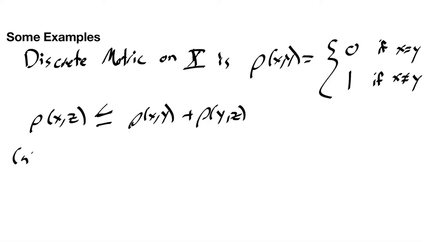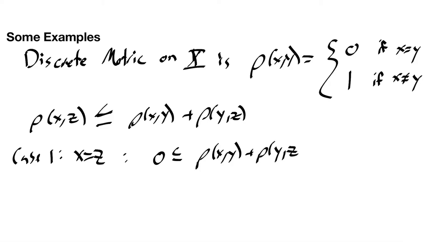Case 1 would be that x is equal to z. Then you just get 0 is less than or equal to rho of xy plus rho of yz. And that's obviously true. If y is equal to x and z, then 0 is less than or equal to 0 plus 0, and you're good. And if y is not equal, then 0 is less than 1 plus 1, which is good.